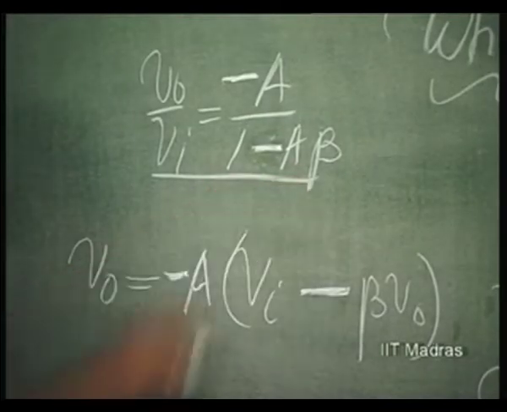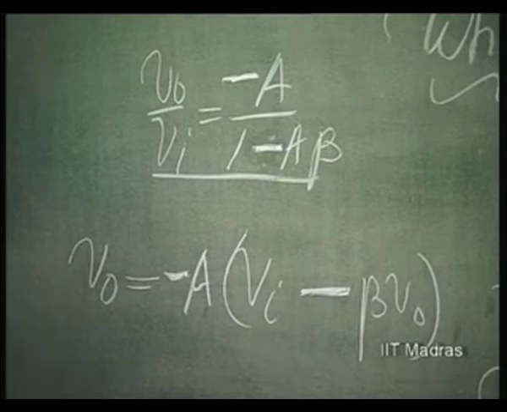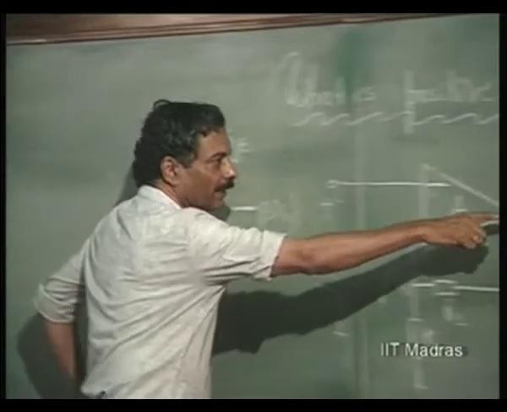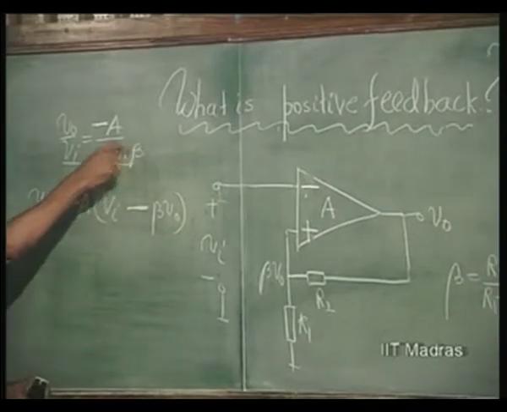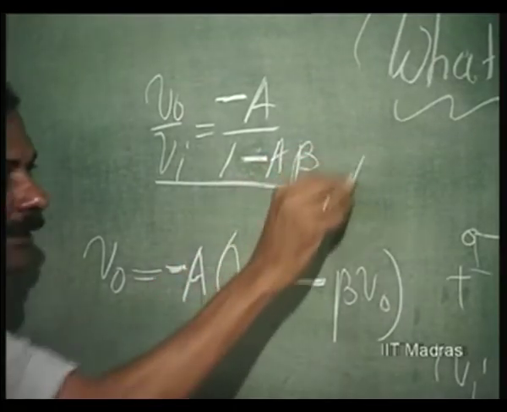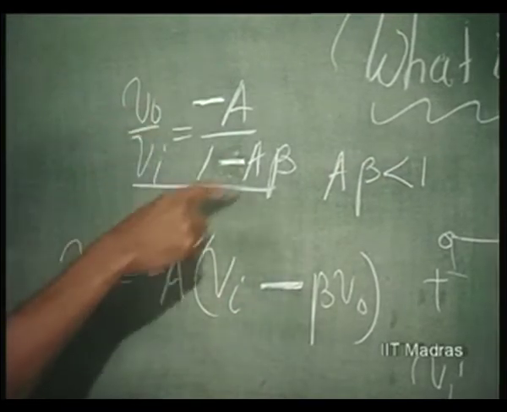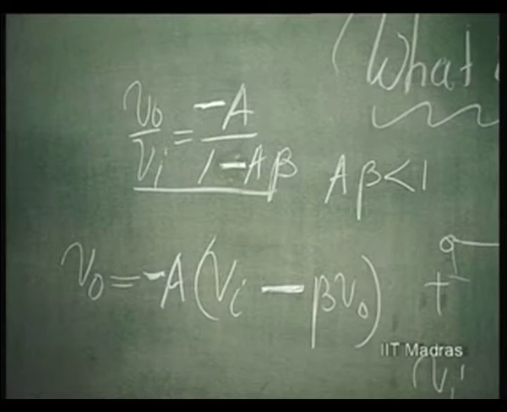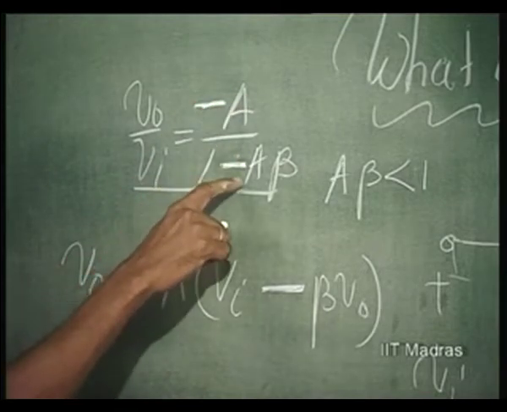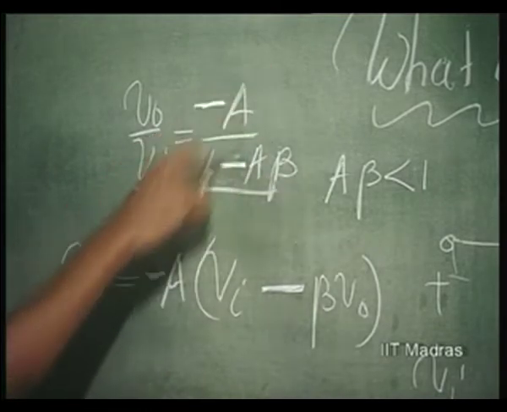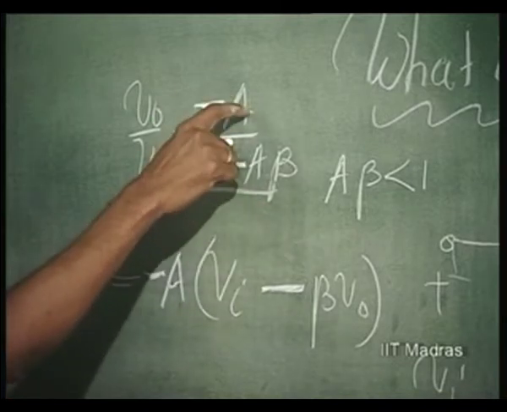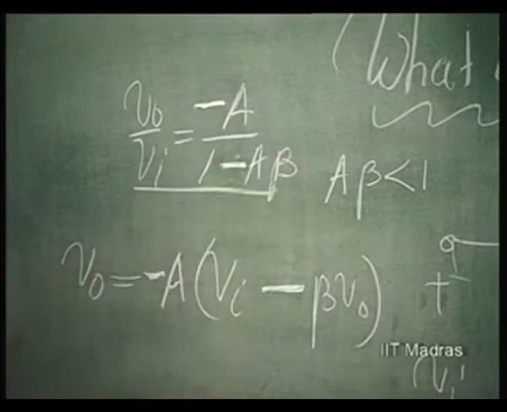If beta is 0, the no feedback situation, V naught over Vi is going to be minus A. If beta is finite, but A beta is less than 1, then the gain is going to be greater than A. Because A is 10, let us say, and A beta is 0.9, this is 10 divided by 1 minus 0.9, which is 100. So, from an amplifier of gain 10, I can get an amplifier of gain 100.